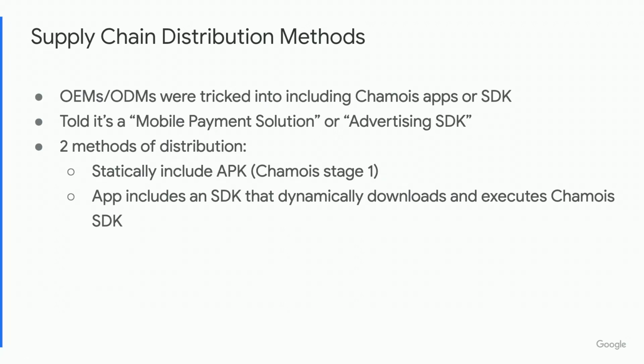So OEMs and ODMs were tricked into including Chamois apps, or in some cases, just an SDK of stage one. And they were generally told it's a mobile payment solution, or an advertising SDK.